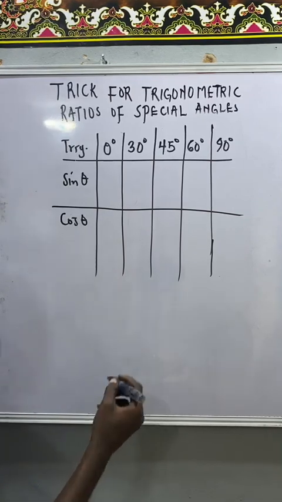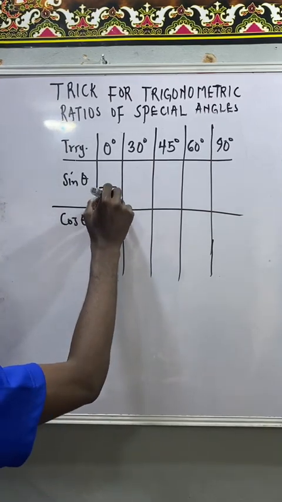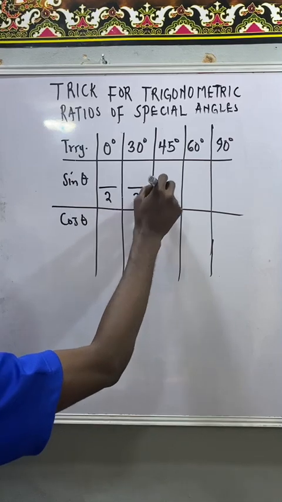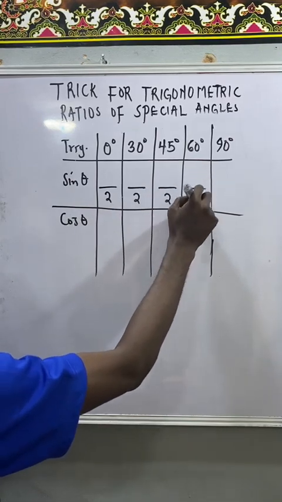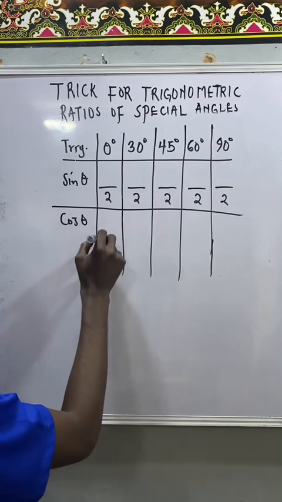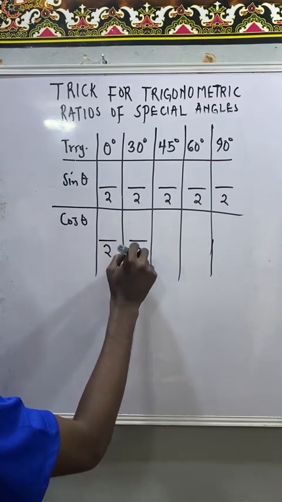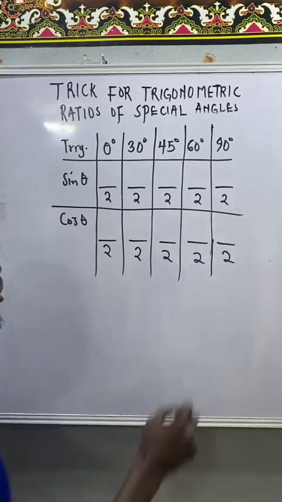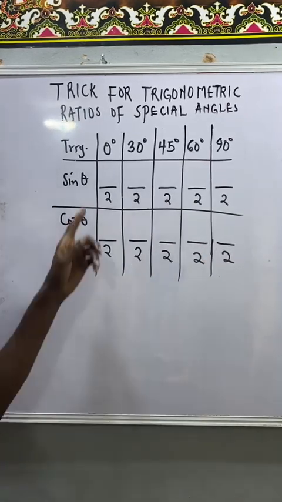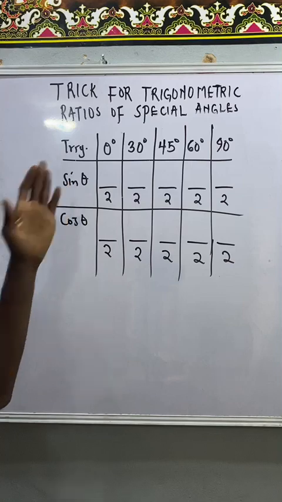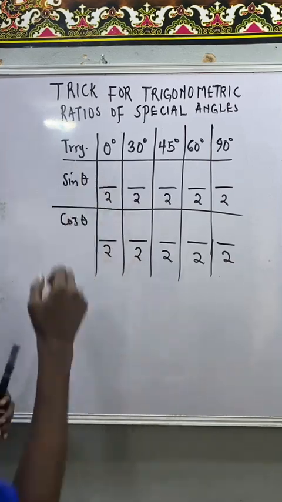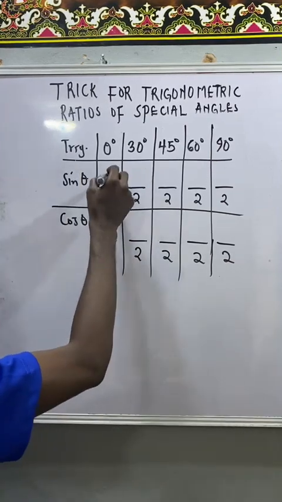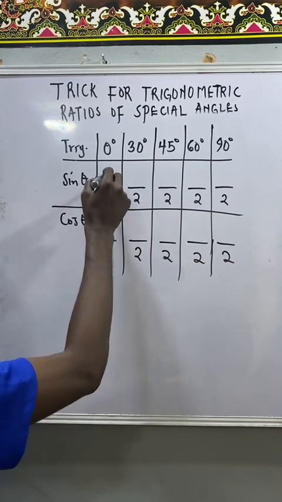Now, under each of these, put a denominator of 2. Then, on top of each denominator, starting from the first one, start counting numbers from 0.